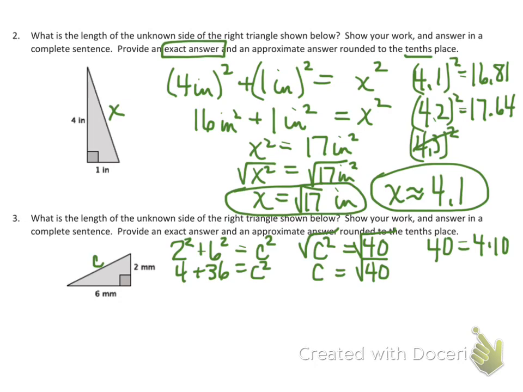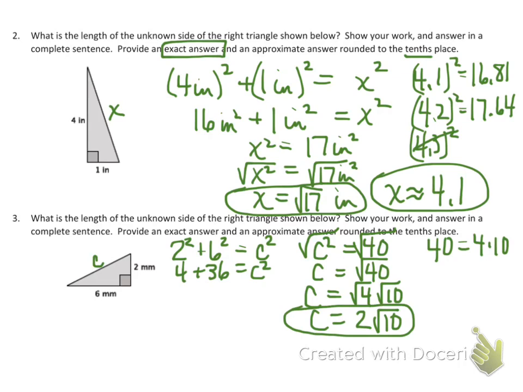And so we can rewrite this as the square root of 4 times the square root of 10. So c would be 2 times the square root of 10. So that would be its simplified form. Both of these, square root of 40 and 2 square root 10, would be exact answers. But the second one is preferred because it is simplified.